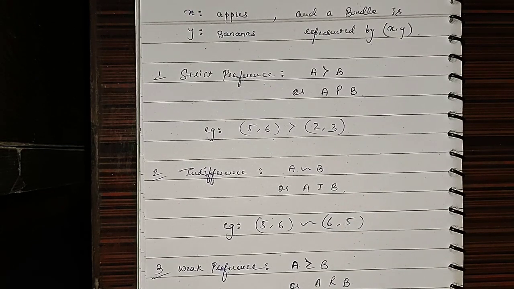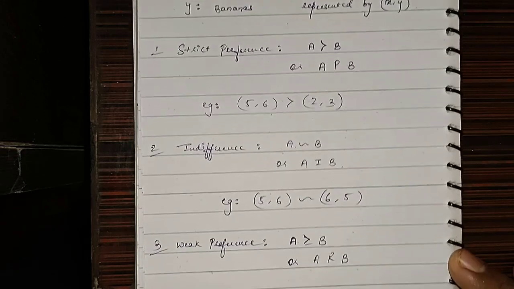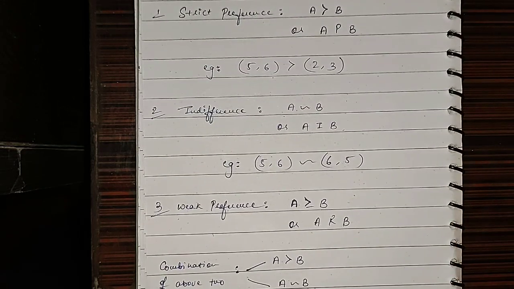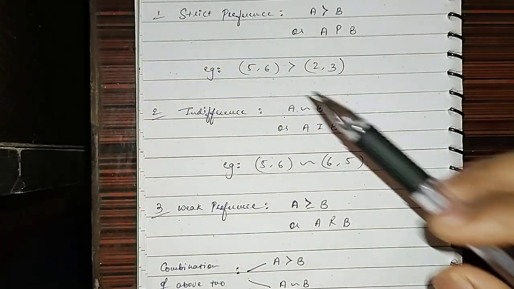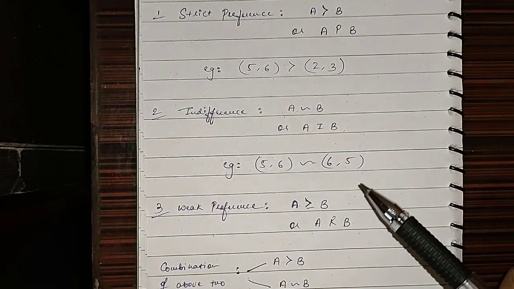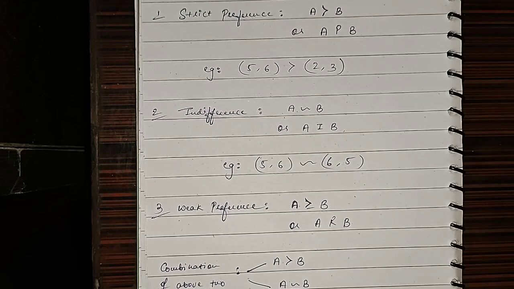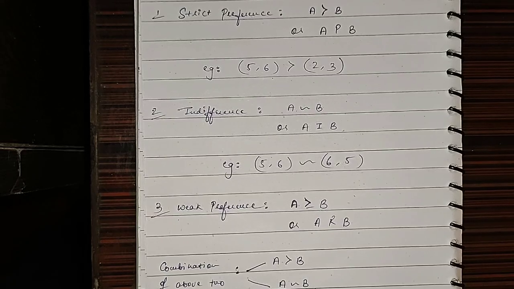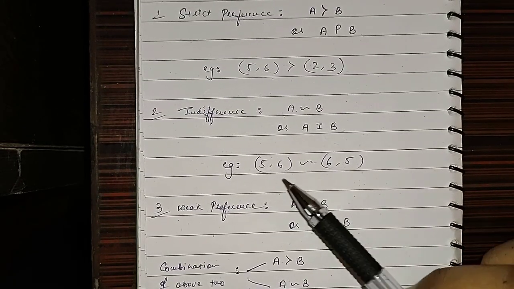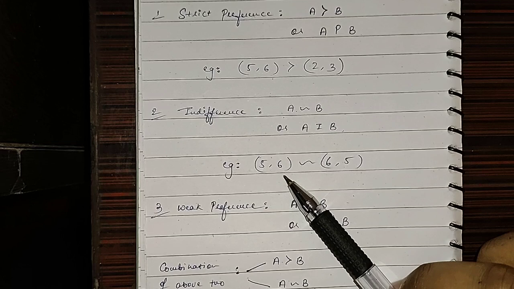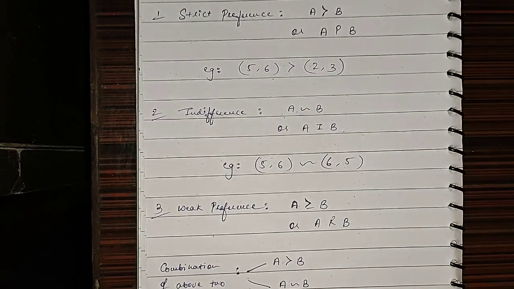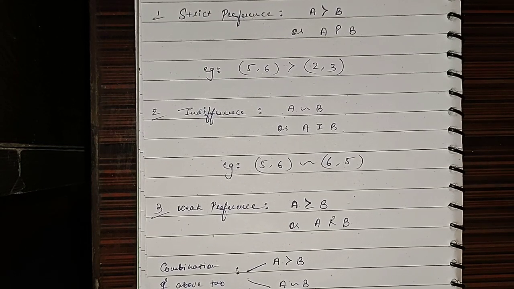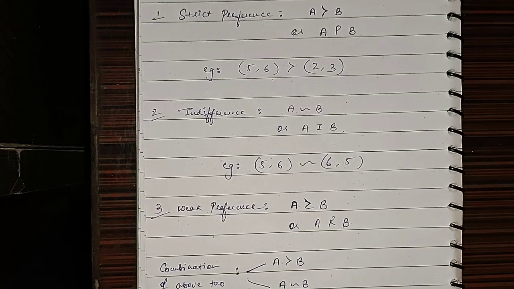This also represents indifference. Now, to see this with an example again, suppose we have the same bundle as before, (5, 6), but now the other bundle is (6, 5). Now the consumer is really indifferent. He cannot make a decision whether to consume 5 units of apples and 6 units of bananas, or to consume 6 units of apples and 5 units of bananas, because he likes both the goods in the same quantity.